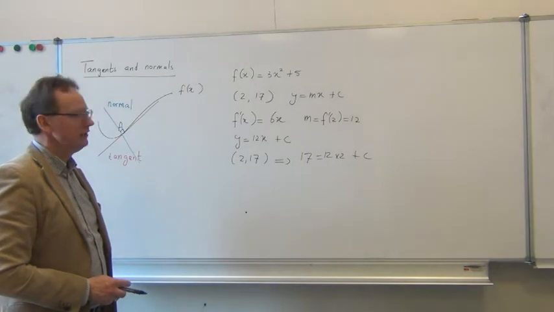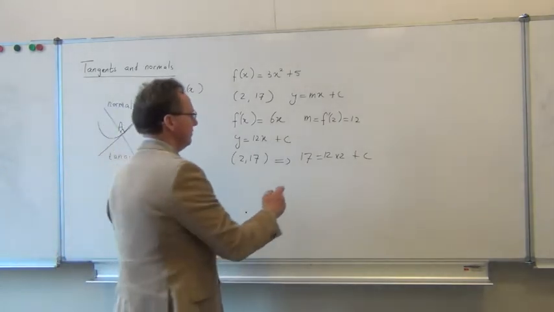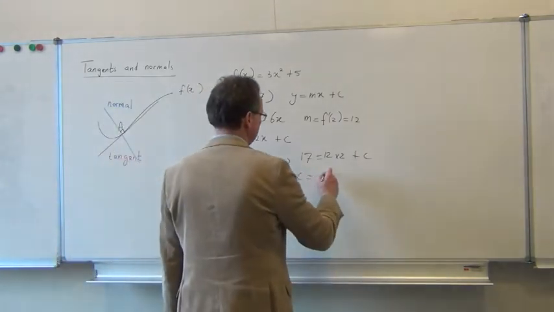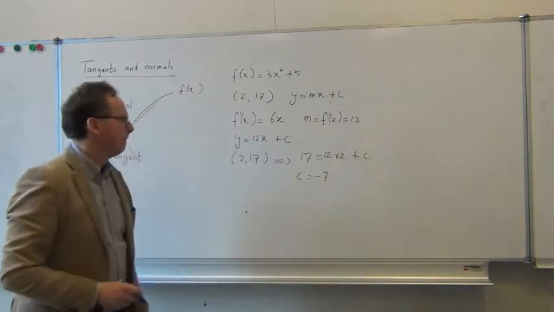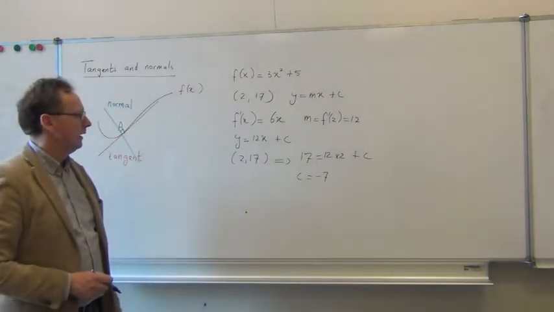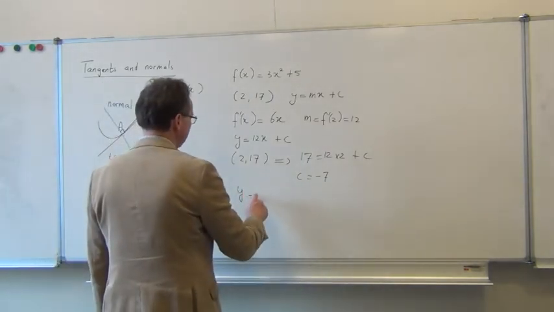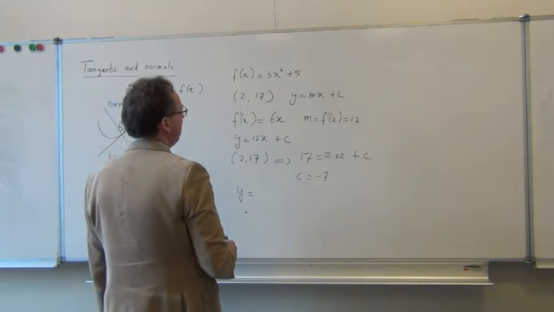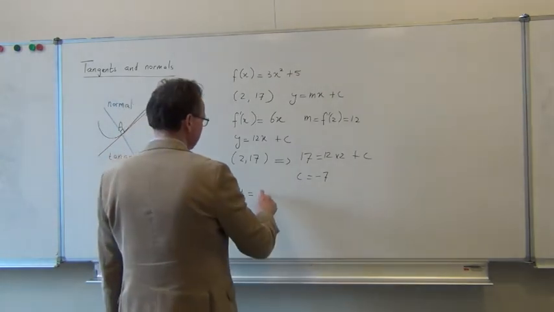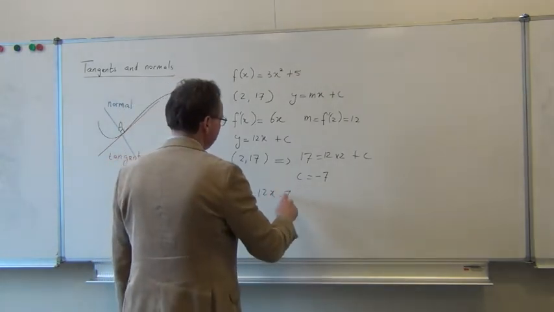So c is 17 minus 24, c is minus 7. Okay, so we can write down the equation of the tangent line to be y is 12x minus 7.